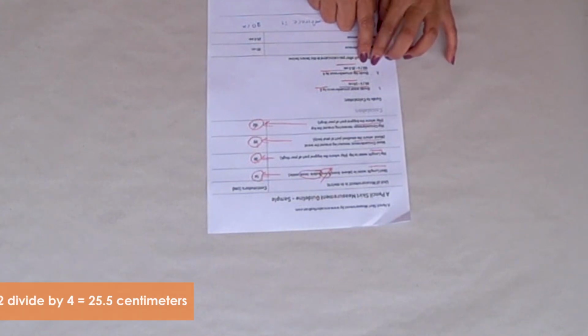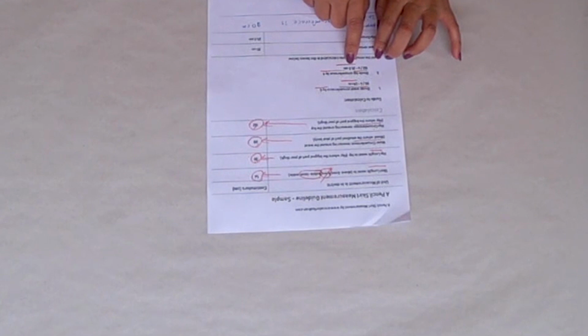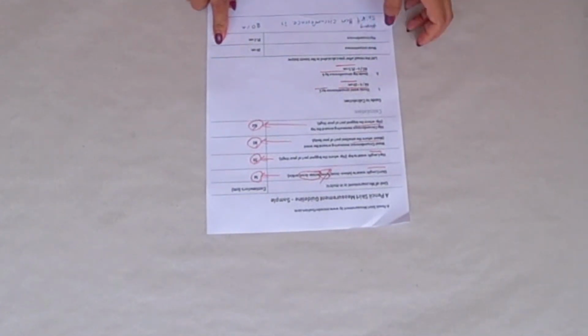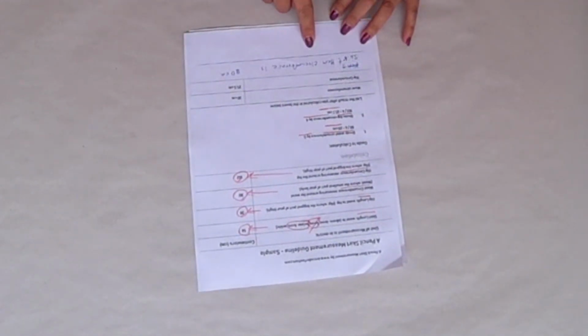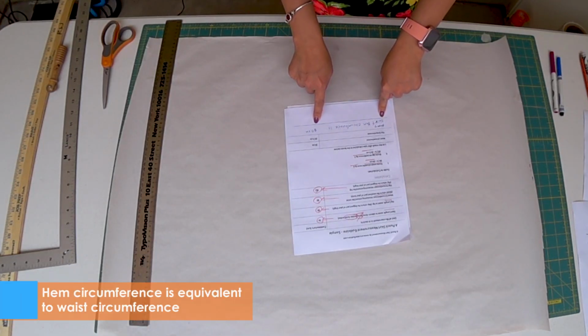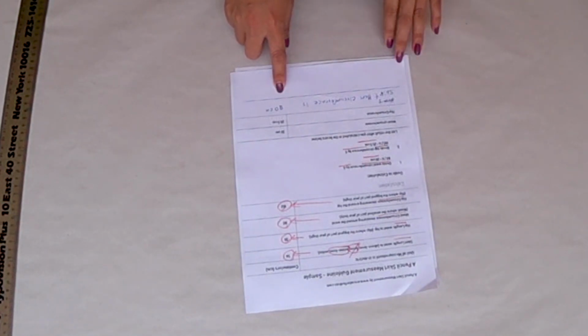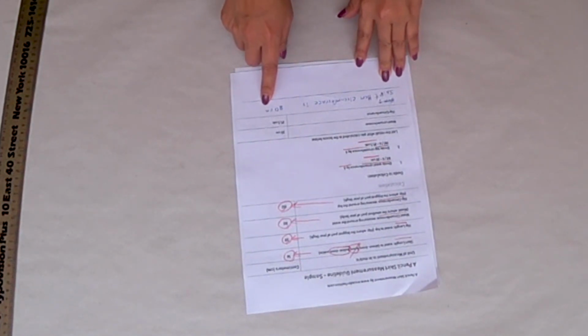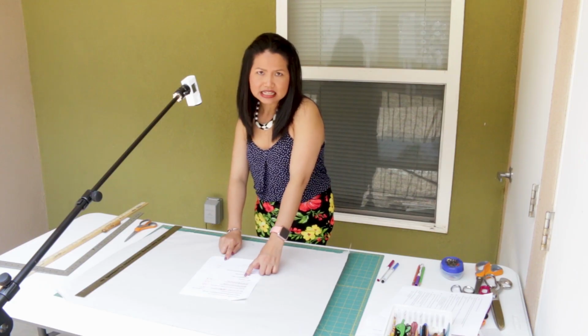Now the hip, 102 divided by 4 is 25.5 centimeter. That's simple, guys. And down here I added more information for you. The skirt hem circumference is equal to your waist circumference, which in this example is 20 centimeter.